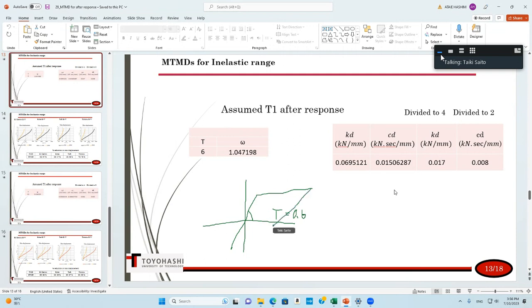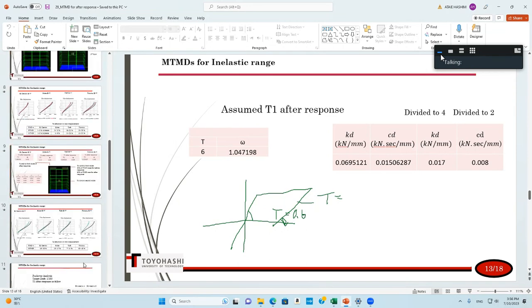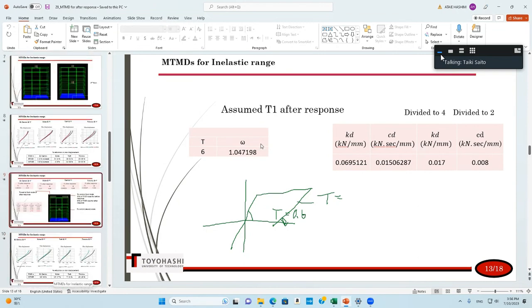So how much is the stiffness after response? For Kobe, 1.27, okay.